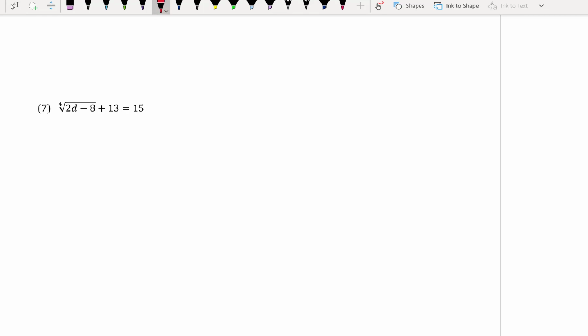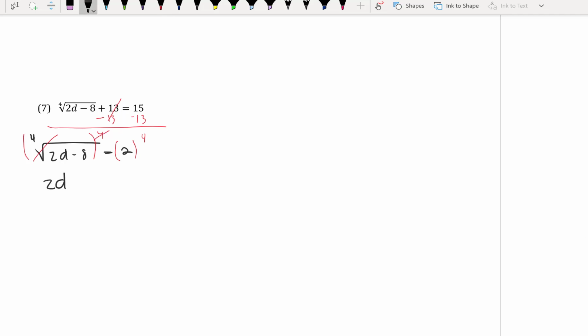Now for number 7, same process. So I'm going to subtract 13 so I can isolate the fourth root. So then 15 minus 13 gives me a positive 2. So since it's to the fourth power, everything gets raised to the fourth power so that the index and the power cancel.